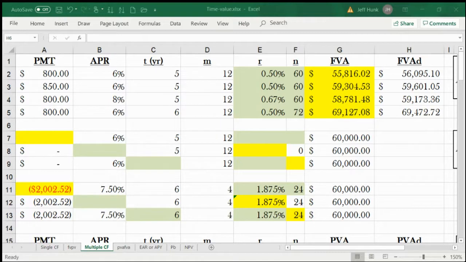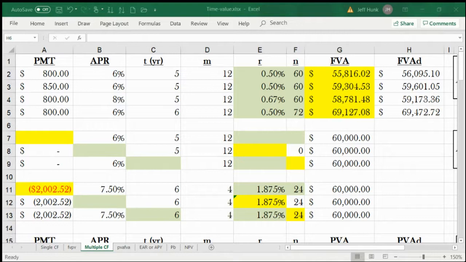Now, remember in the single cash flow model, we solved the base compounding equation for 4 different unknown variables, right?